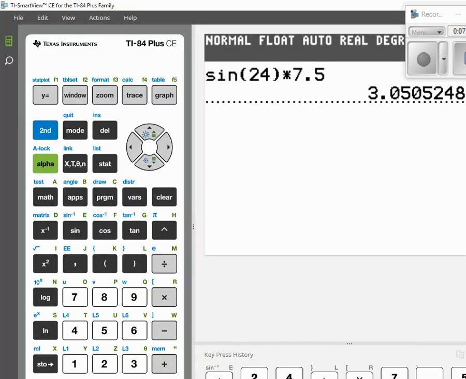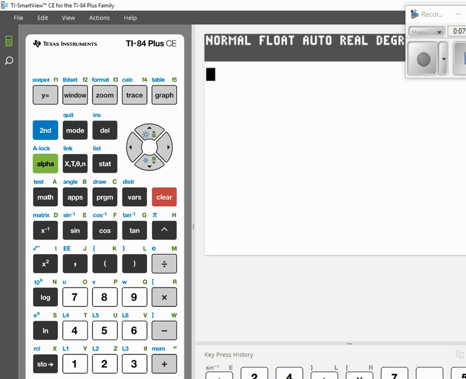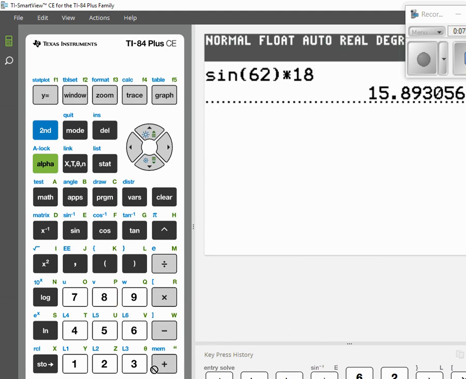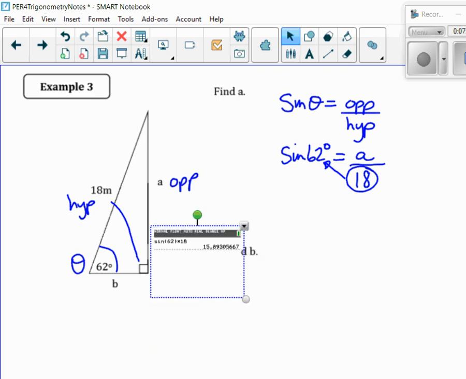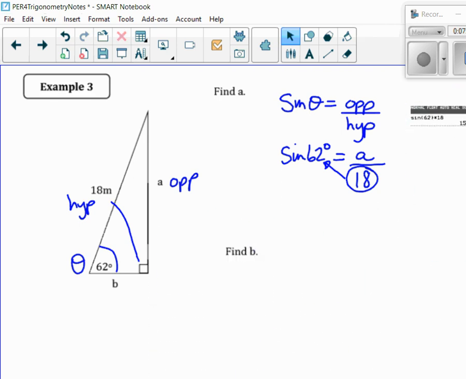So take our calculator, and it's sine of 62 degrees, close the bracket, times 18. Okay. And we get that as our answer.